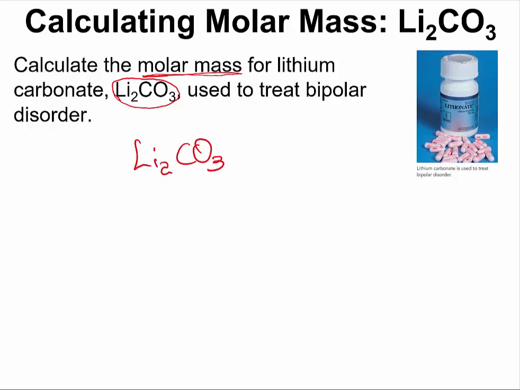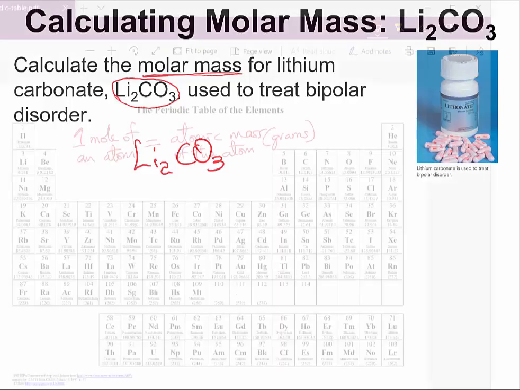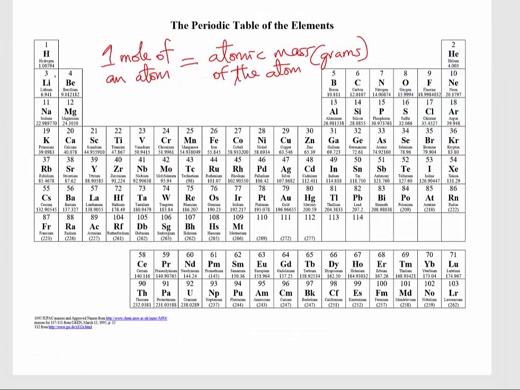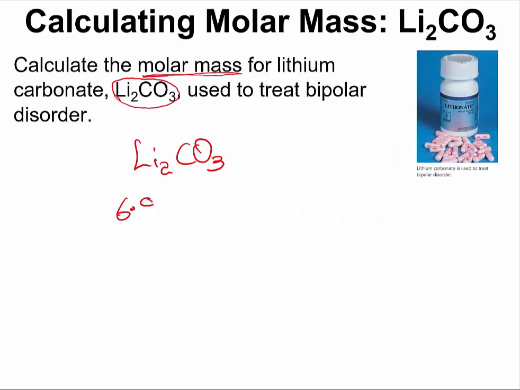Li2CO3, which means we need to have a copy of the periodic table. On the periodic table, lithium is 6.94, rounded to 2 decimal places. We have 2 atoms of lithium in the formula, so we multiply by 2. Carbon is 12.01, rounded to 2 decimal places.